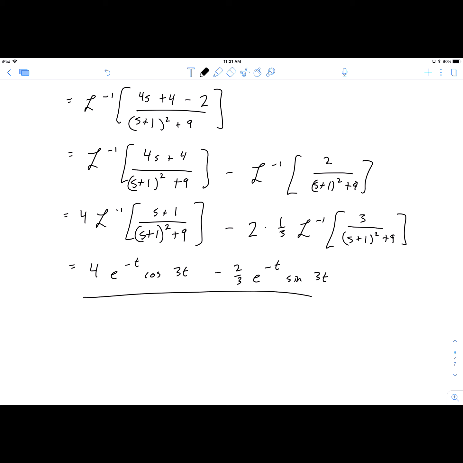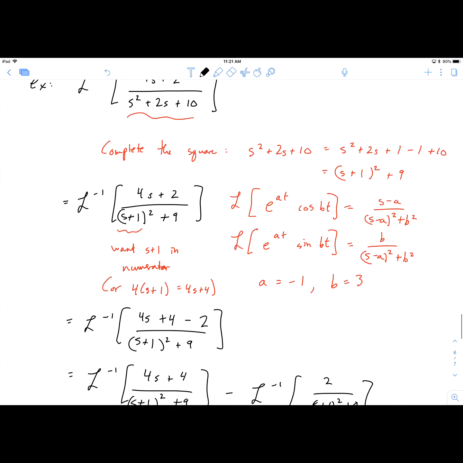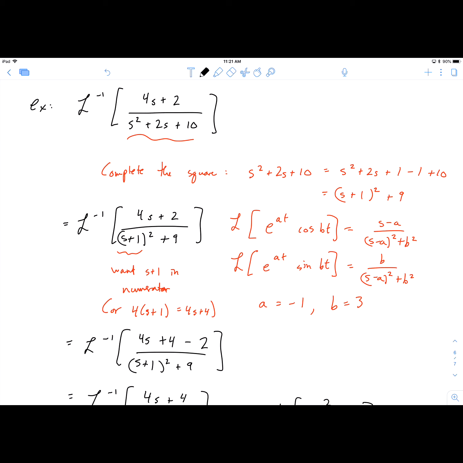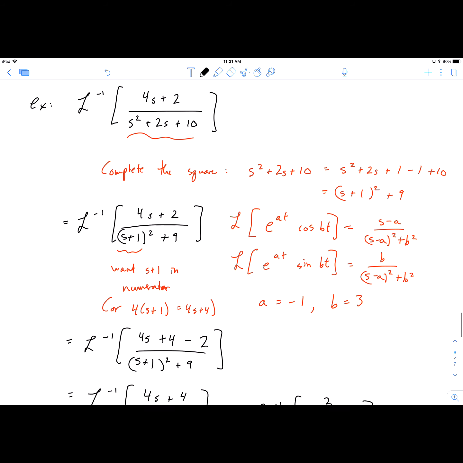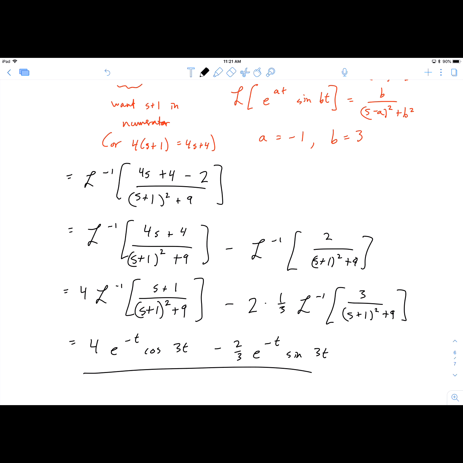There's a lot of details of moving constants around and completing the square and rearranging things. So it's really just a test of your algebra skills and how comfortable you are doing things like this that you may not have seen for a while, or maybe not in this form. But you're basically just slogging through and finding a way to break these things apart to match the exact forms you need them to match. That's the general structure of one of these problems.